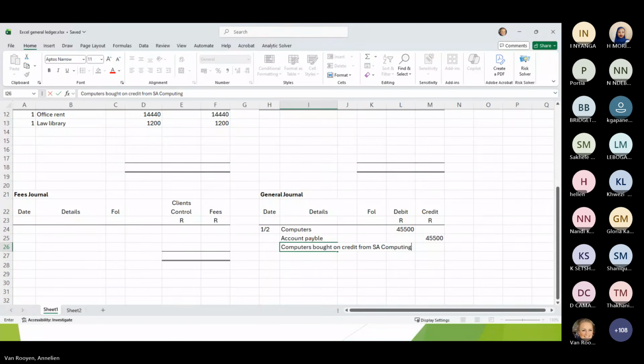Yes? Sorry, ma'am. Will I be penalized if I said trade payable? No, you won't be penalized, because in the exam, you will get a drop-down menu that you then pick the correct one from. So in that, you'll most probably have bank, computers, accounts payable, assets, whatever.